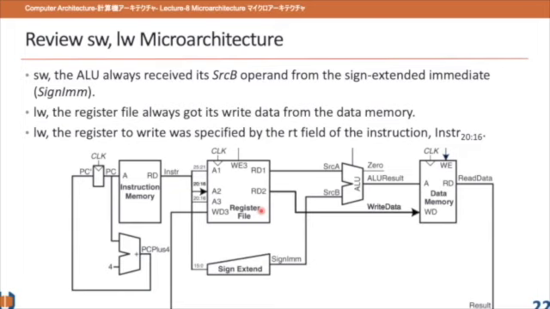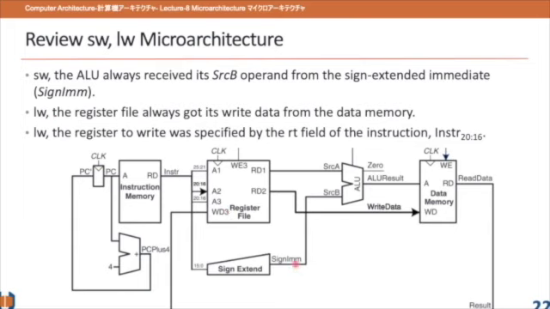This is a quick review of the behavior of store word and load word microarchitecture. In store word, and in load word as well, the ALU always receives the source B operand from the sign extended immediate.